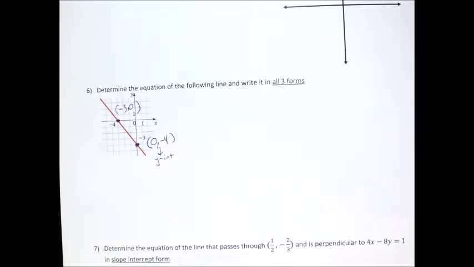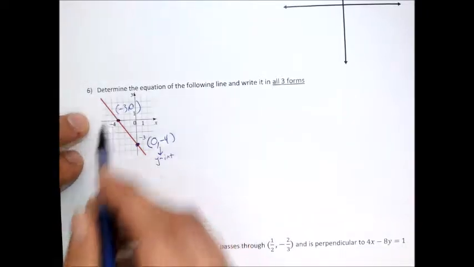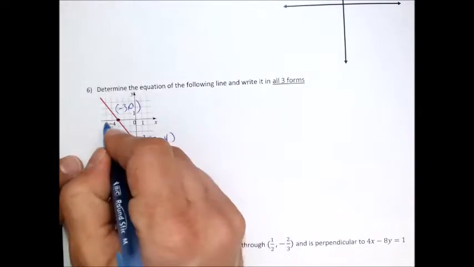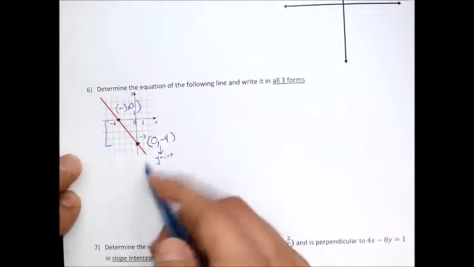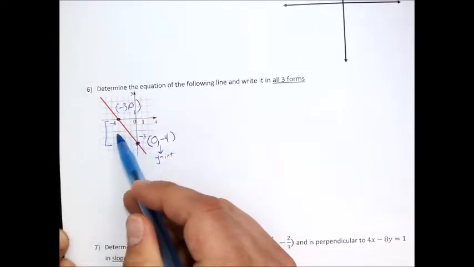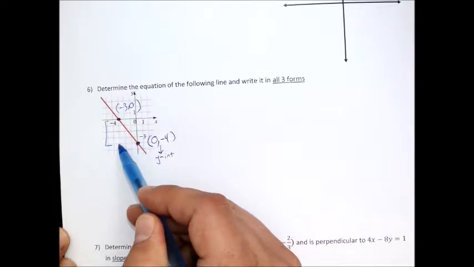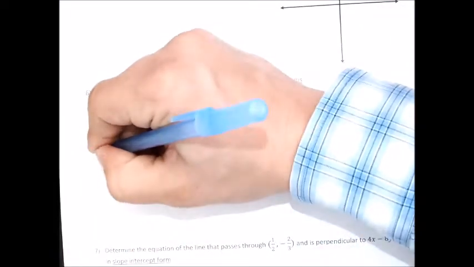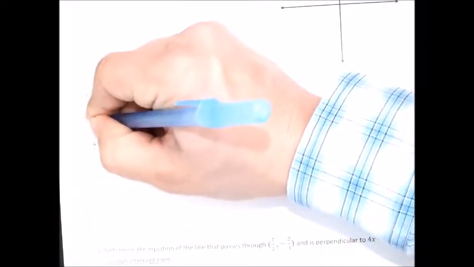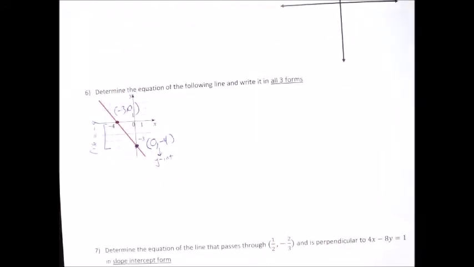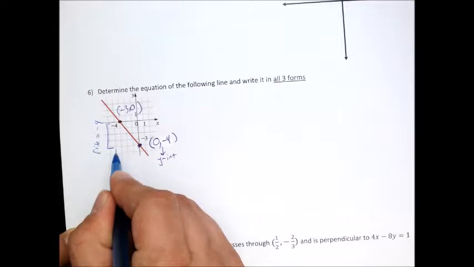And so the way we get the slope is we count the rise and the run, right? So the rise here is it goes down 1, 2, 3, 4. So if it goes down 4, that is a rise of negative 4 because it went down that many. And then the run is from here to right here.